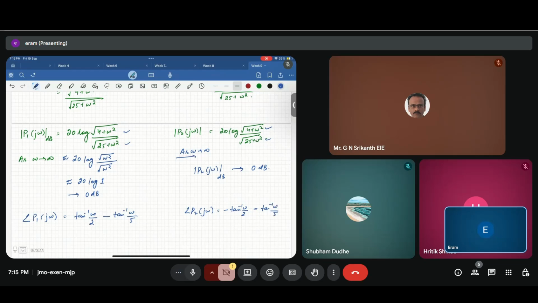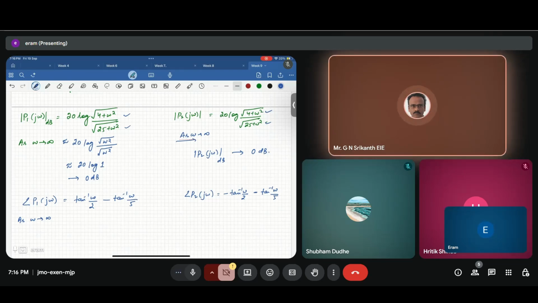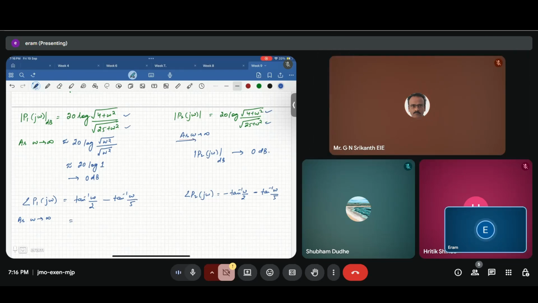Okay, now put omega tends to infinity, what will be the phases? So the first one is 90 minus 90.